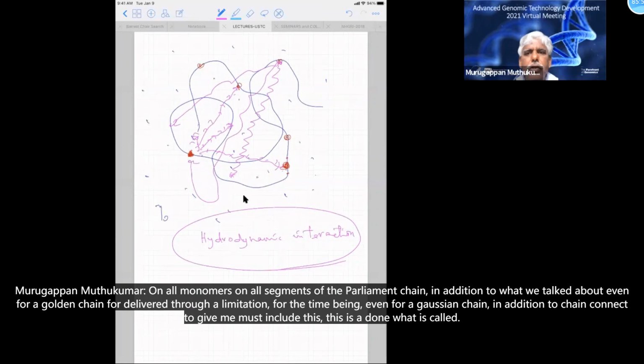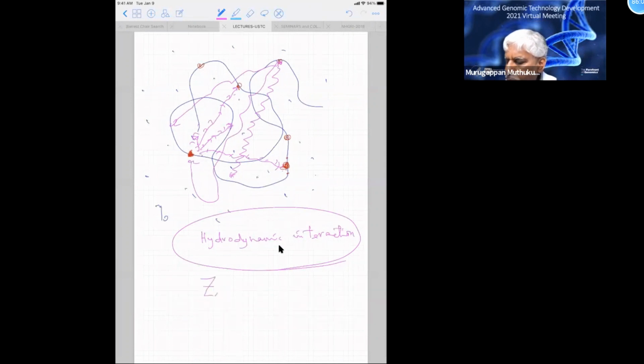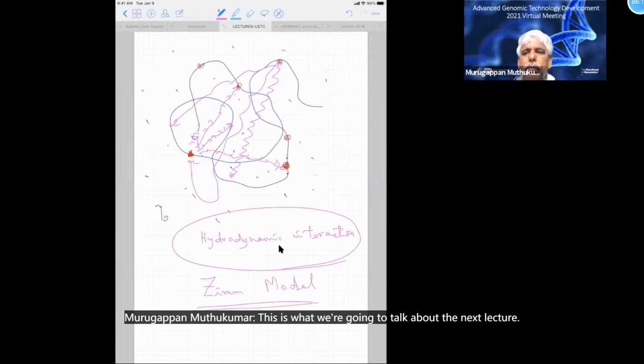Even for a Gaussian chain, forget about excluded volume interaction for the time being, in addition to chain connectivity, we must include this. This is done in what is called the Zimm model. This is what we are going to talk about in the next lecture.